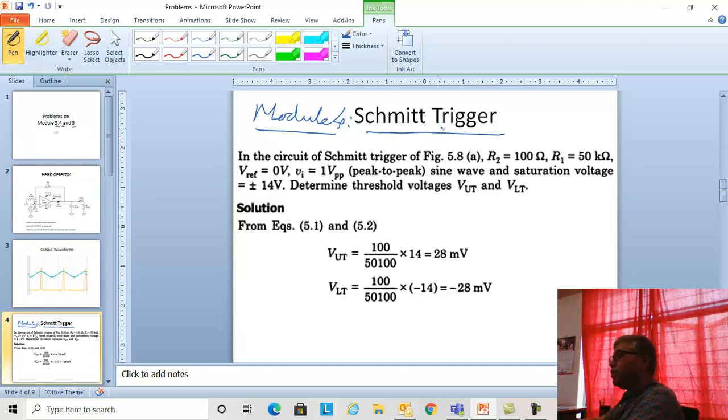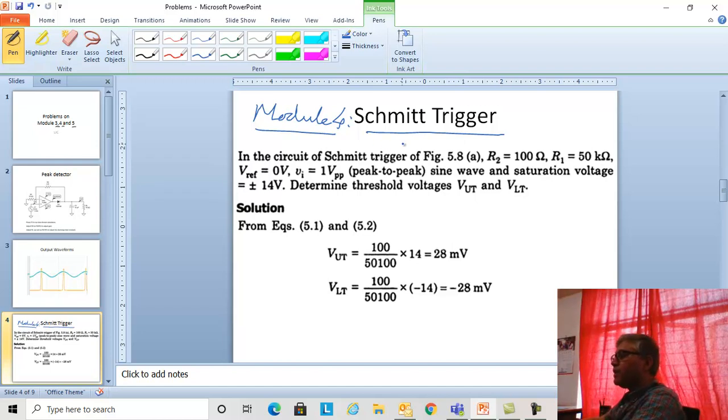Even though the input may cross your VUT and change your output, when the input goes back below VUT, it still doesn't change. Once VUT is crossed, the reference voltage changes, and only the next VLT will come in. Is that okay?